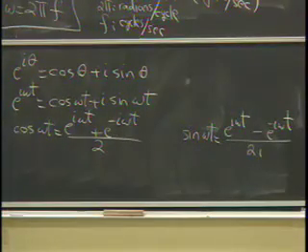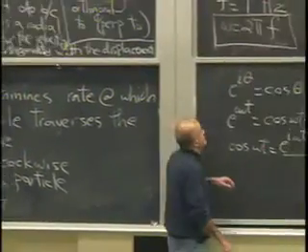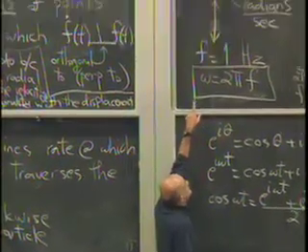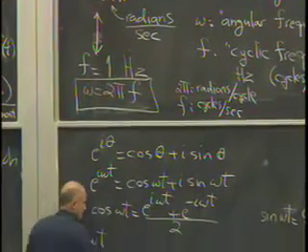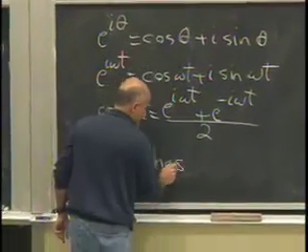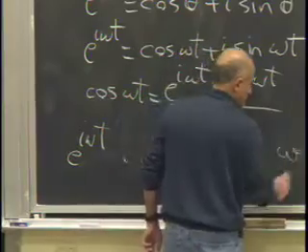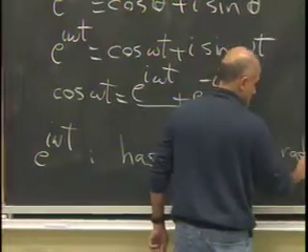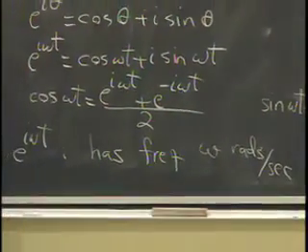Now let's go back to e to the i omega t. That's a particle rotating around the unit circle. We said e to the i omega t has frequency omega radians per second. It's a single frequency function.